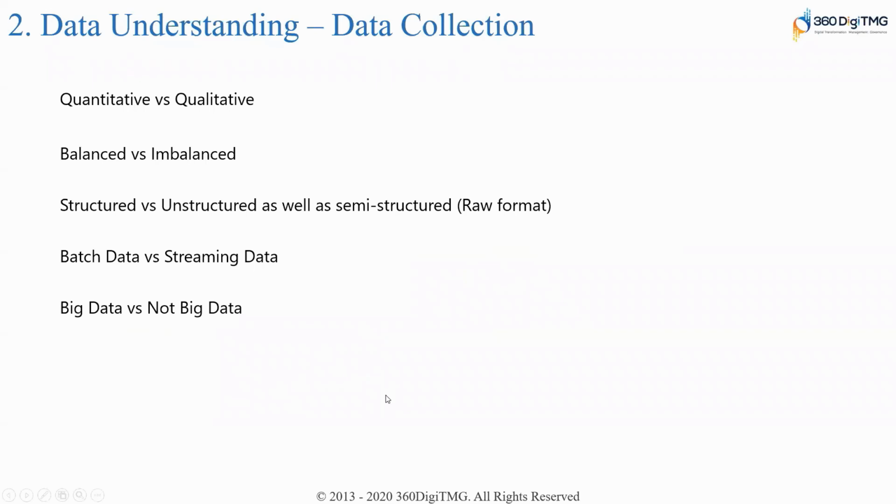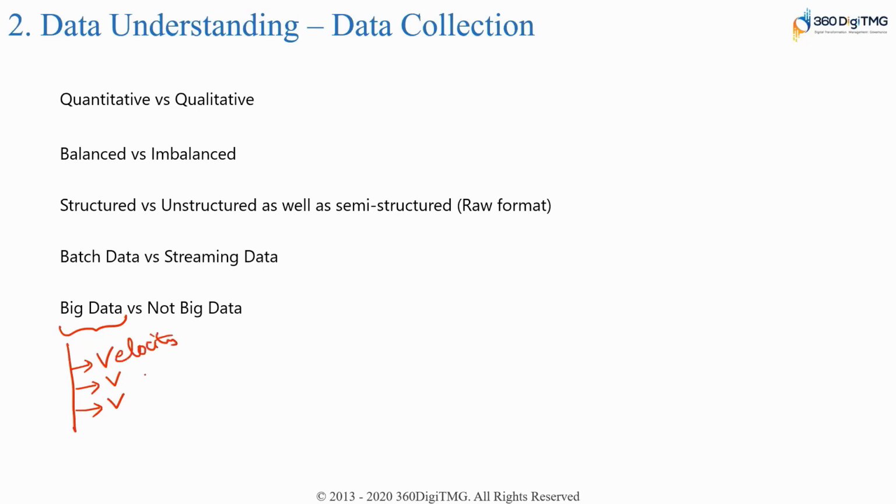And then you have big data versus not that big data. What do you mean by that? So big data means any data which is coming at a rapid pace, velocity, huge volume, and variety. Right? These three Vs, I mean, there are many other things, right?